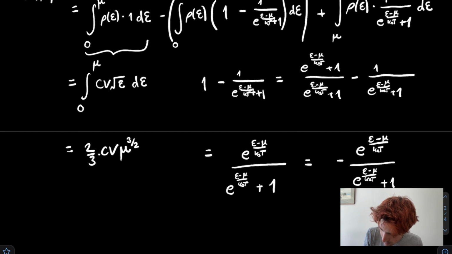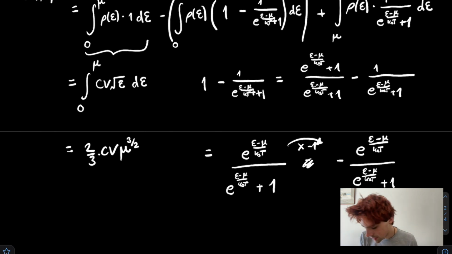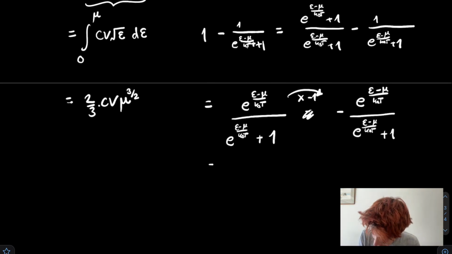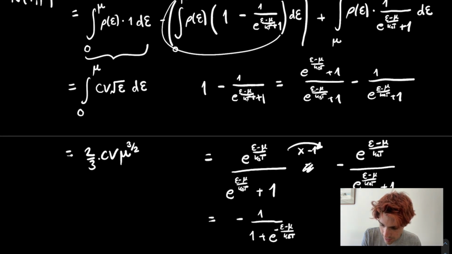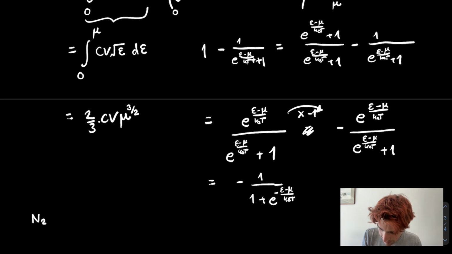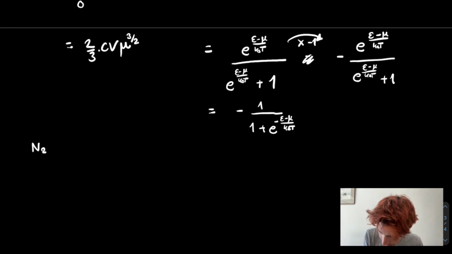So that's not quite equal, that's multiplied by minus 1. That's what we're doing just because we have this minus sign at the front. And just simplifying that, we are going to get minus 1 over 1 plus e to the minus (epsilon minus mu) over kBT.